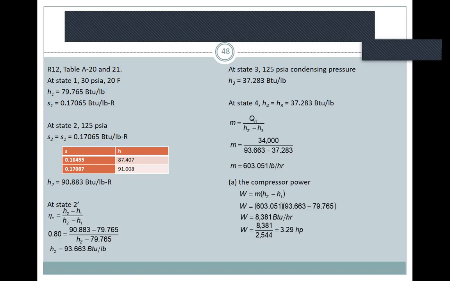So convert to horsepower kasi compressor rated in power, or sa SI units it is in kilowatt. English units normally it is in horsepower. Divide mo ng 2544, magiging 3.59 horsepower. Note 2544 is BTU per horsepower hour.